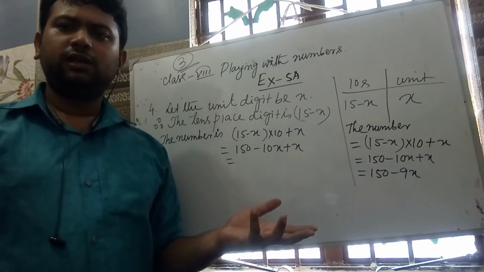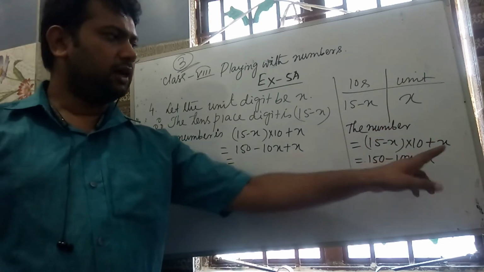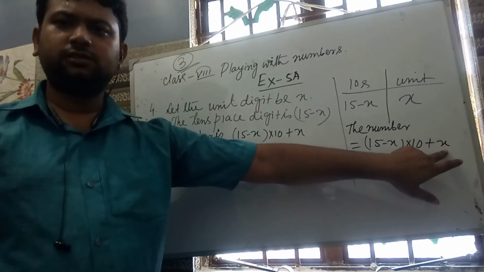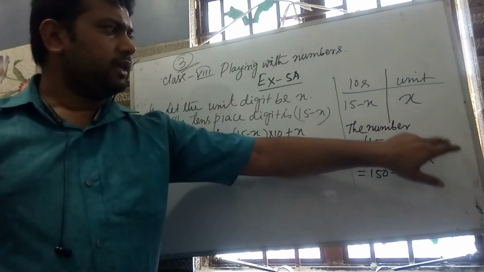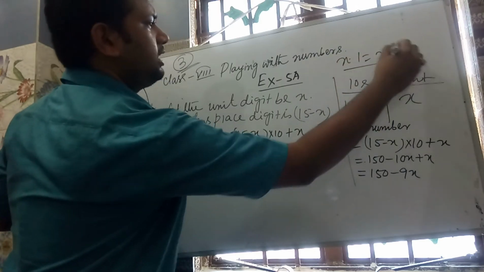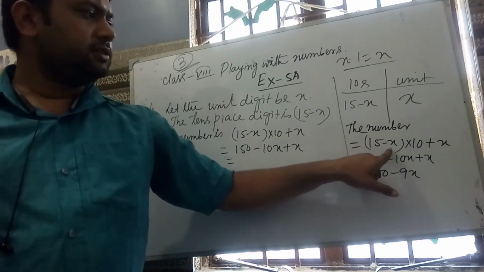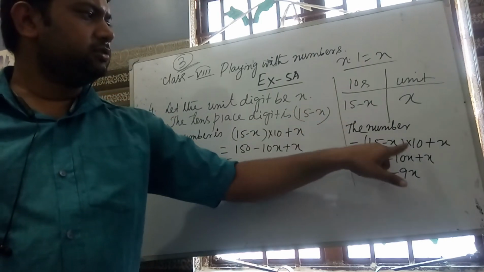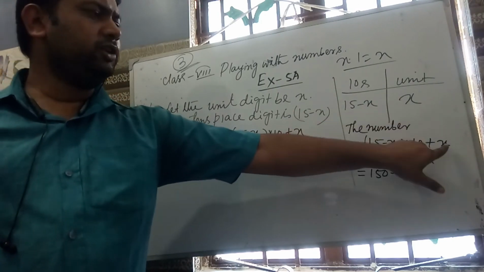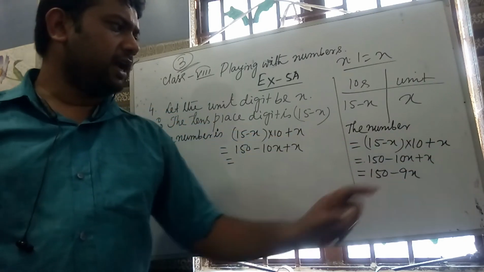Multiplying by 1 doesn't make any sense; that is the number itself. We have x into 1, always x, the number itself. So we can easily write (15 minus x), the tens place digit, into 10 plus the unit digit. Okay, so that is 150 minus 9x.